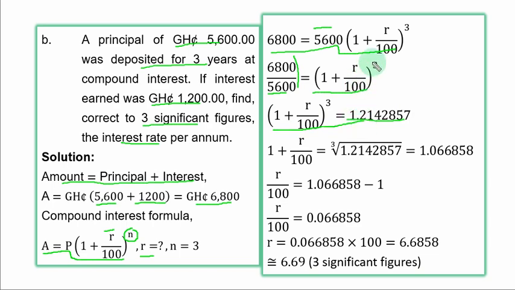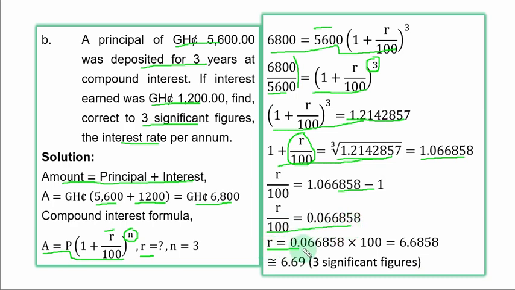To get R, this power needs to leave here, and you must take the cube root of both sides. So the cube root of the right hand side is equal to 1.066858. To get R over 100 first, you need to transfer plus 1 to the right hand side, and it becomes minus 1. If you subtract, you have R over 100 equal to this. To get R, multiply through by 100.